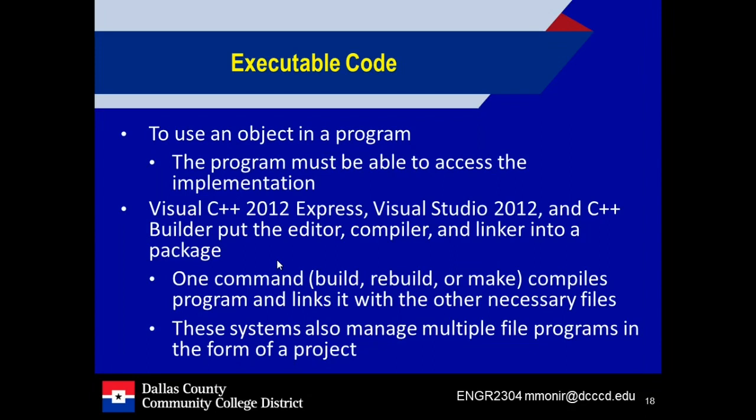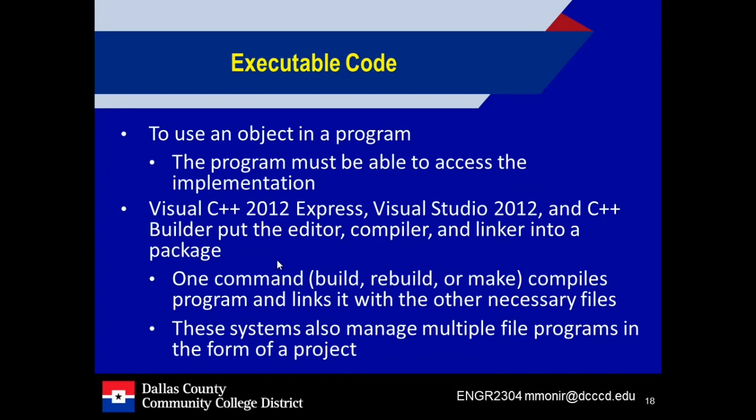To use an object in a program, the program must be able to access the implementation. If you have only the header file and pass it to somebody else, or you try to compile only one file that uses the header, it is not going to work.